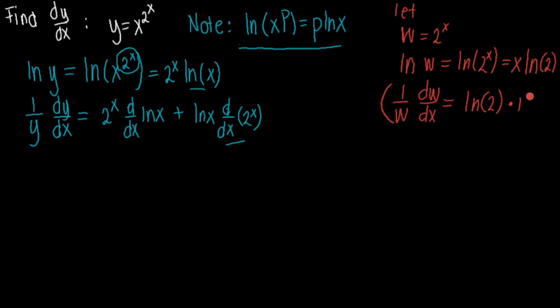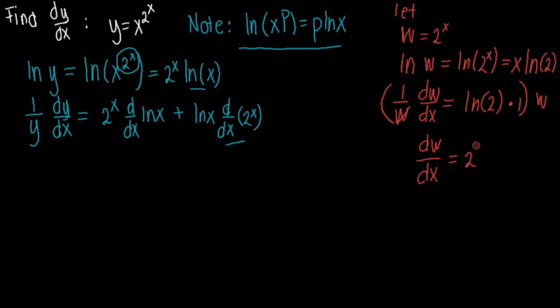Then, multiplying w to both sides of the equation to cancel this here, we have dw over dx is, now remember our w is just 2 to the x.